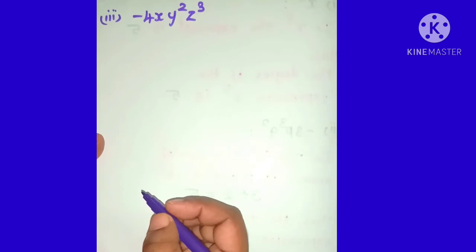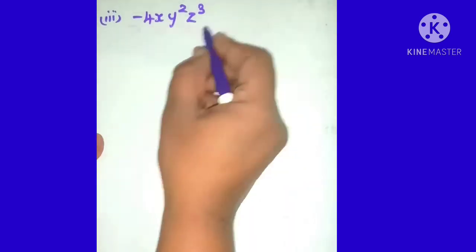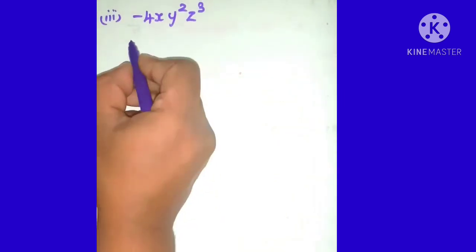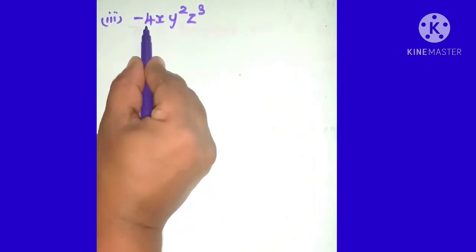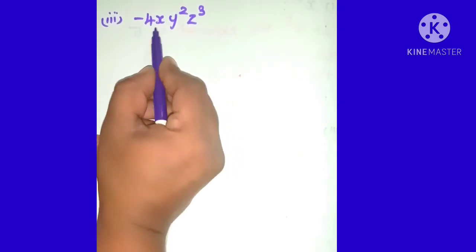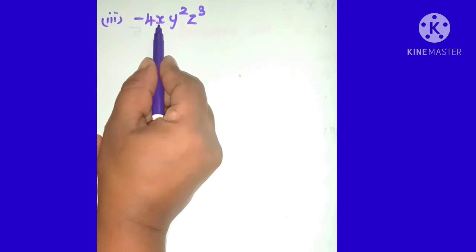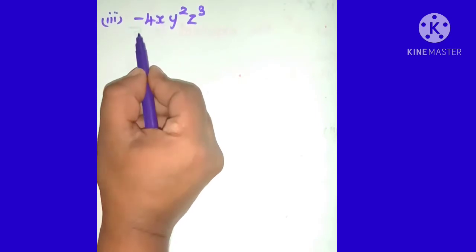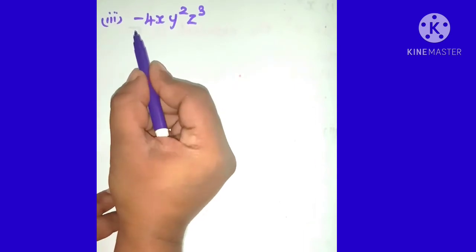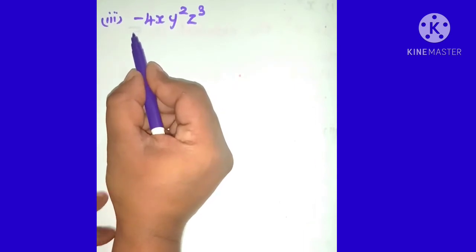Friends, let us find the degree of the expression minus 4x y square into z cube. So here we know that 4 is a constant and the power of 4 is 0. And x, what is the power of x? We know that when no exponent is explicitly shown on a variable of a term, it is understood to be 1.